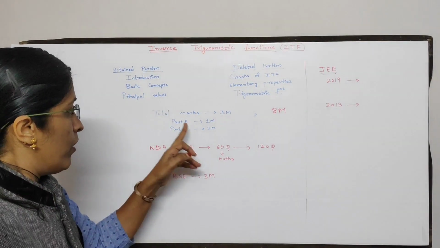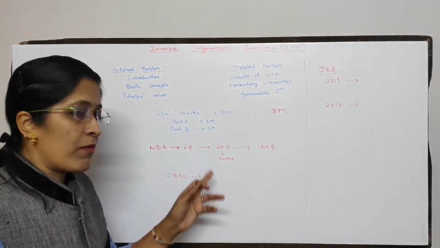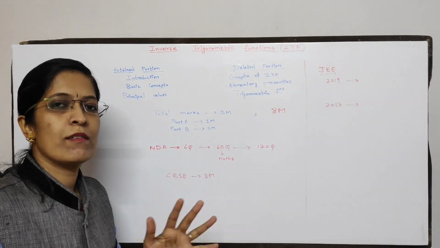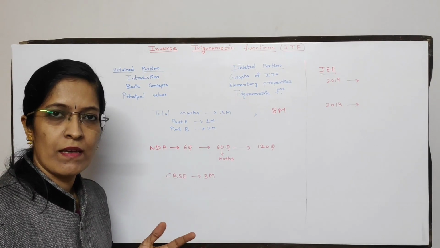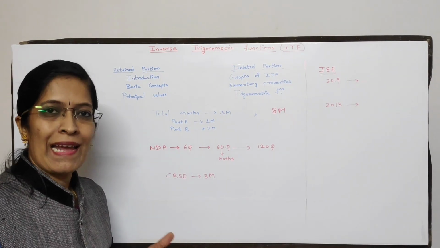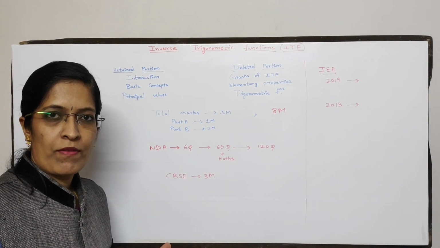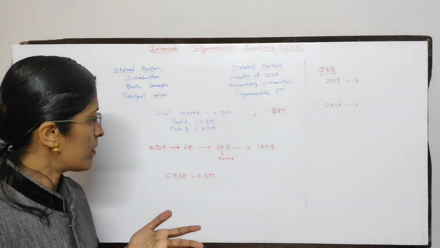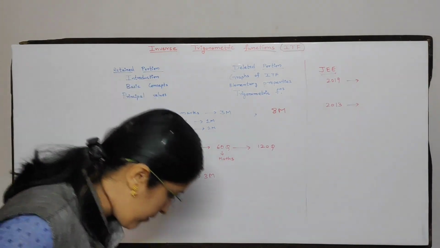In this topic we will be studying 6 inverse trigonometric functions: sin inverse of x, cos inverse of x, tan inverse of x, sec inverse of x, cosec inverse of x, cot inverse of x. Okay, now let us start with the topic.